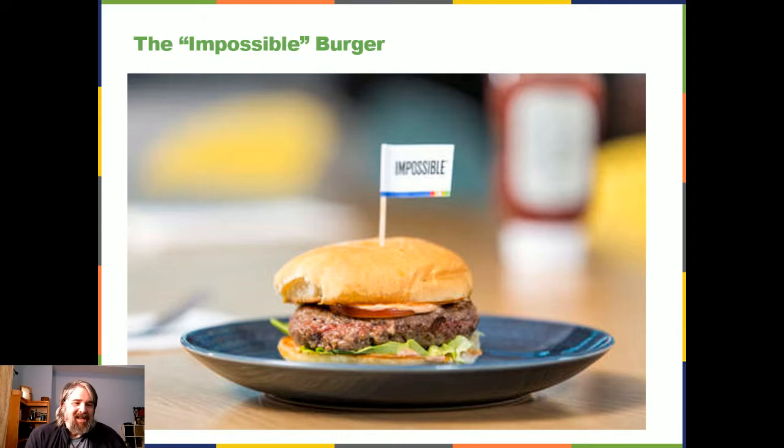So it's a soybean heme. That's what gives meat the meaty flavor. Whenever you see that red mess left behind by a burger, that's not blood so much as heme and whatnot.